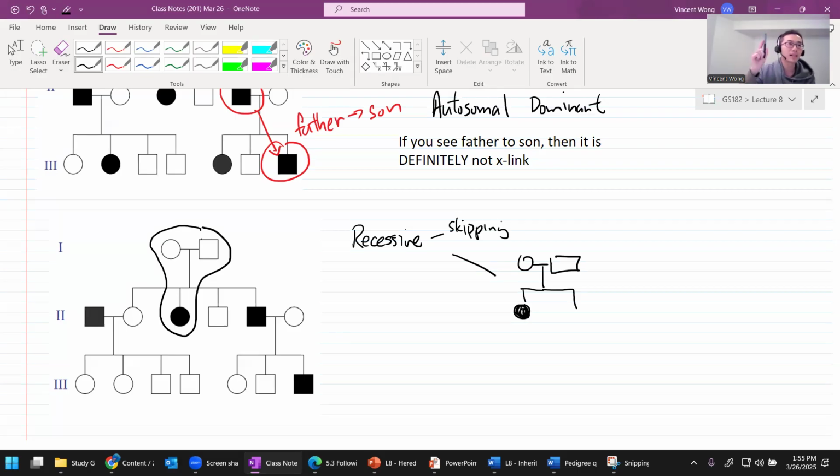Now, do you think this is autosomal? I'm going to do the poll here.